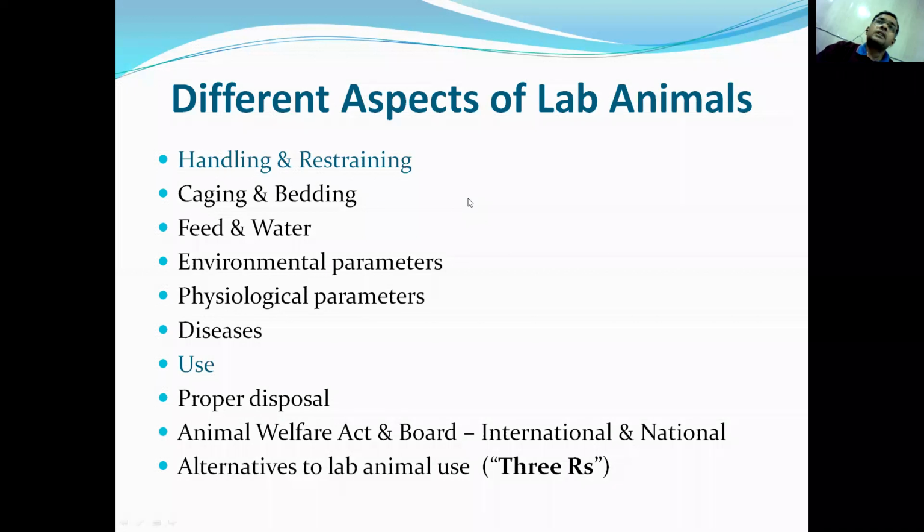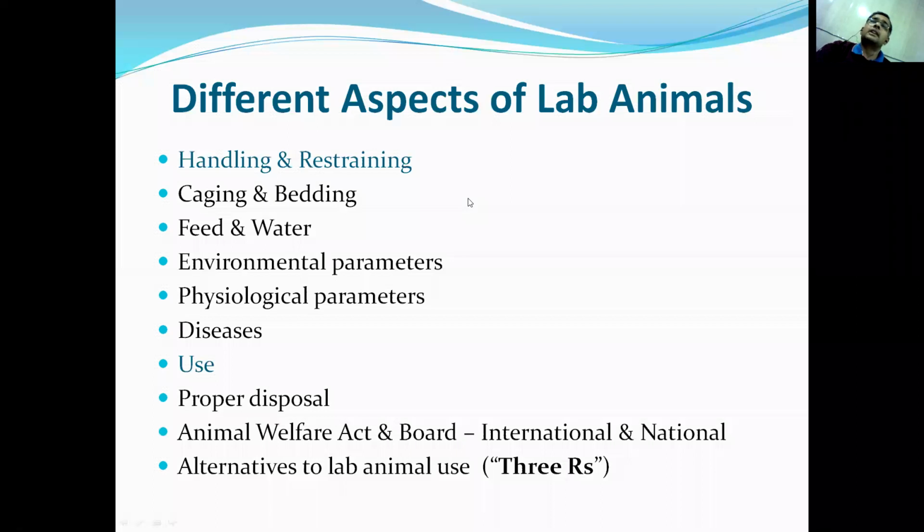All these things require to be taken care of by some society or board, and because of this, nowadays animal welfare boards are enacted under our constitution, and they are responsible for formulating various acts and their implementation. Similarly, various international organizations are also working to observe the welfare of those lab animals.